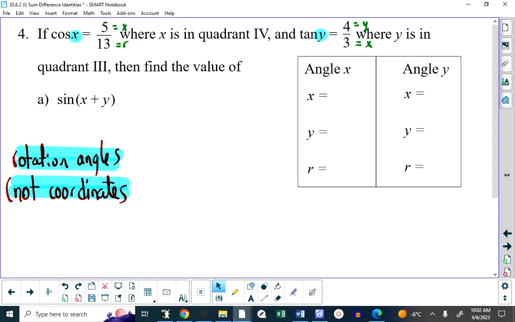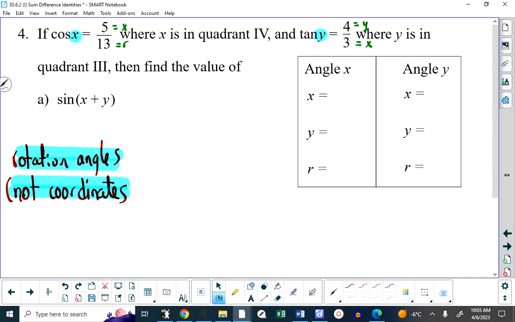Let's take a minute and just make a chart here, because what we are going to need to do is for angle x deal with the x coordinate, the y coordinate, and the value of r. And for angle y, we're going to have to deal with the x coordinate, the y coordinate, and the value of r, the arm length. And what we're going to do here, this is trig unit A stuff.